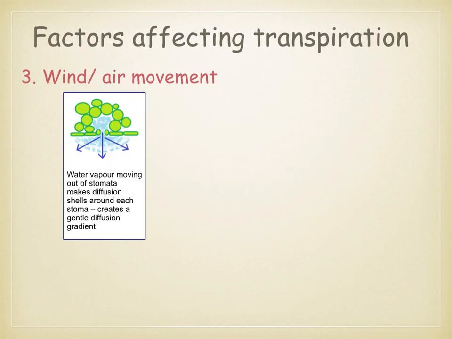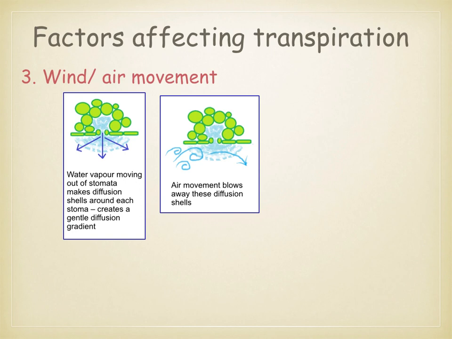Now, water vapor moves out of stomata and it creates what we call diffusion shells around each stoma. This creates a gentle diffusion gradient. Now, air movement is going to blow away these diffusion shells that form a gradient of humidity around the stomata. This makes the diffusion gradient between the air chamber and the atmosphere steep.